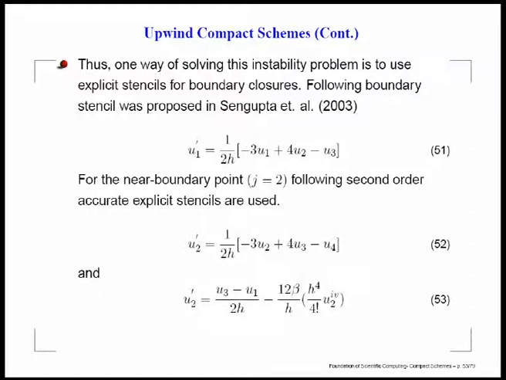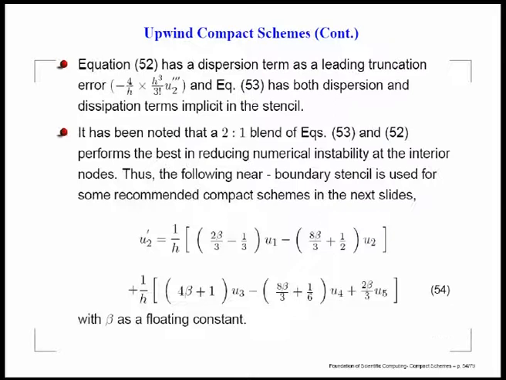Again, it's an upwinded form, but whatever effect there will be, it will be localized. It will not percolate into the interior of the domain. The same way, for the second point, we have used the explicit scheme, and to that we have tried to add a kind of stabilized fourth derivative term, so that we can introduce some kind of explicit upwinding even for the point 2.